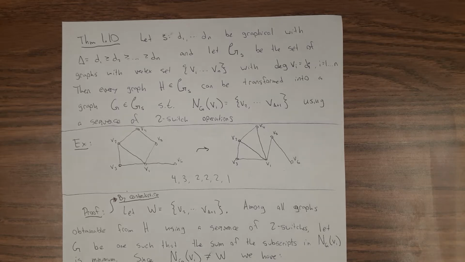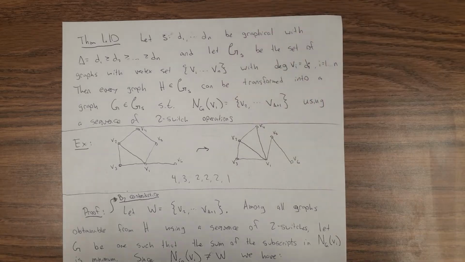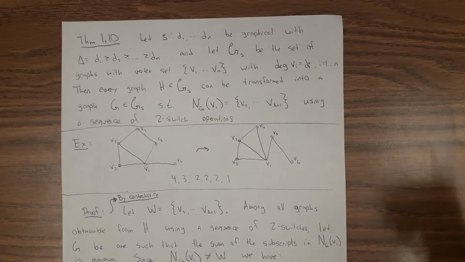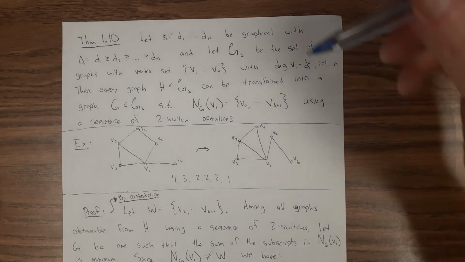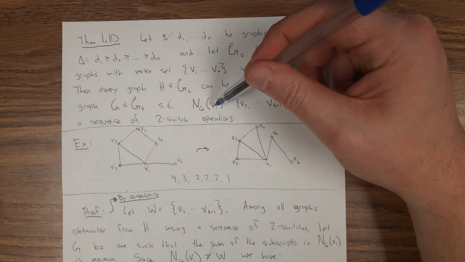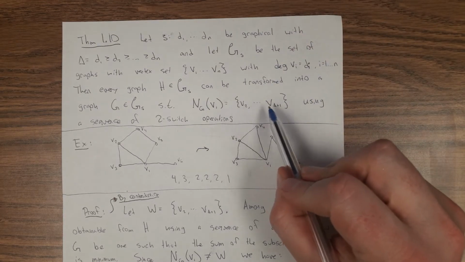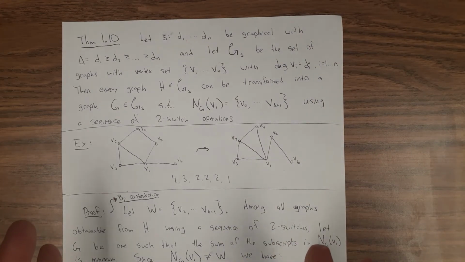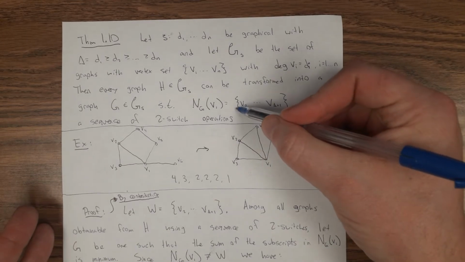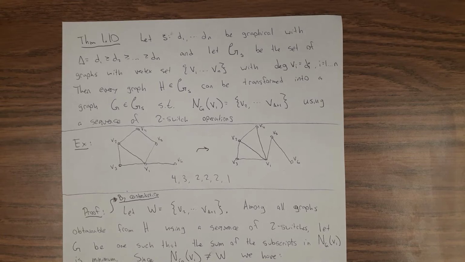In other words, if you look at the subscripts of the vertices, they're in a natural order. The first one's V1, the second one's V2. And what this is saying is that the neighbors of V1 in this graph G are in a consecutive block, and they're the vertices that immediately come after V1 in this ordering.